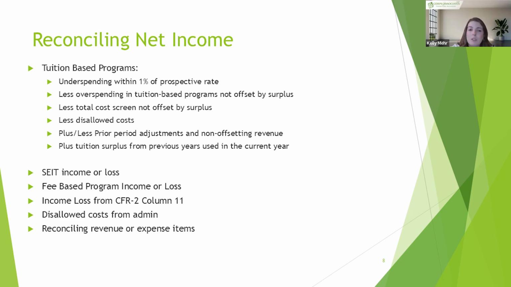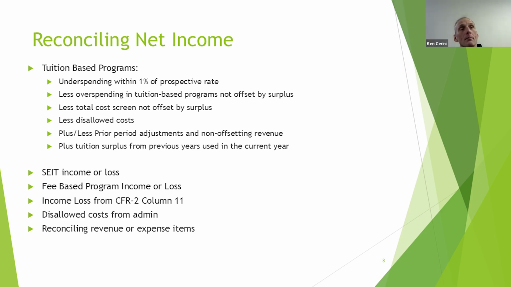We're going to talk more about surpluses in a few slides. You also want to add in your profit or loss from CEIT, your fee-based programs, your CFR2 other programs, and then make sure that you're also adjusting for your disallowed costs and any other revenue or expense reconciling items between the two reports. So it's always good to perform this reconciliation before you submit everything.